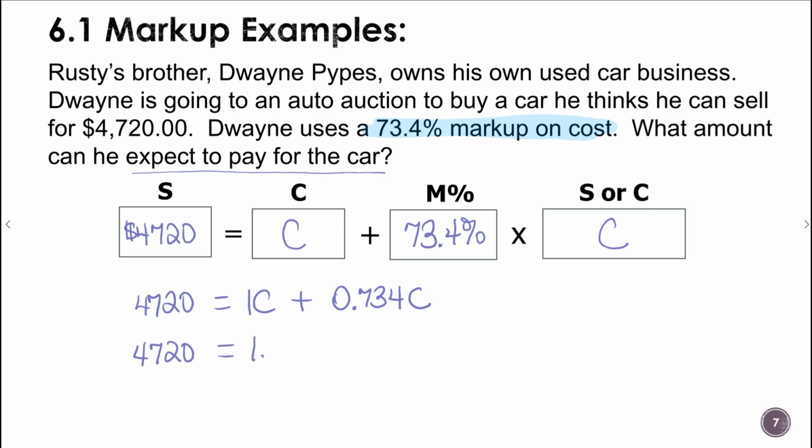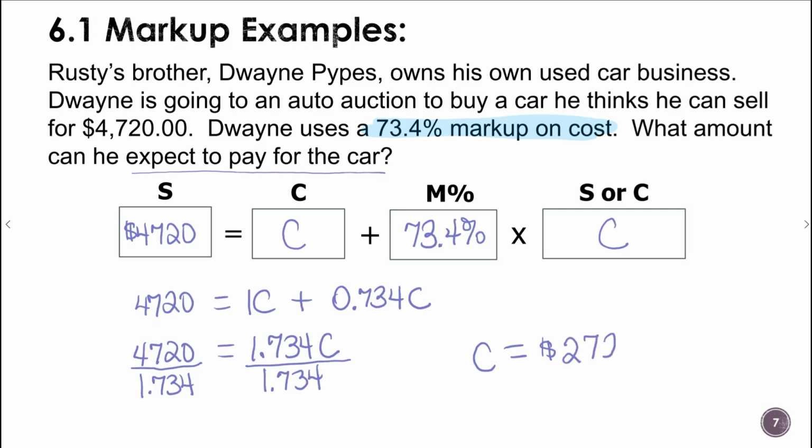So that would be 1.734C. We have two C's together on one side, so we add those together. And then divide by 1.734 on both sides. And so C in this case will be 2,722.03.